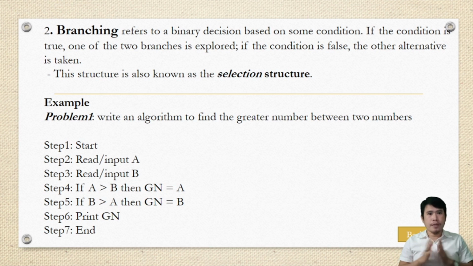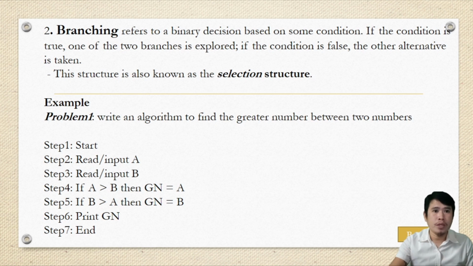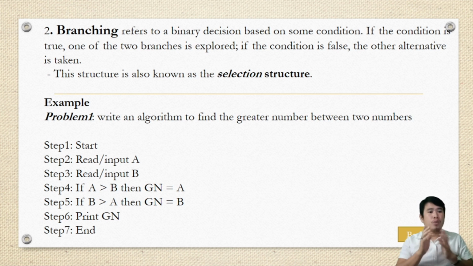Okay, so let's start. Step 1, start. Step 2, read or input A. Step 3, read or input B. So after two numbers are inputted, then we have to compare these two by using IF statement.